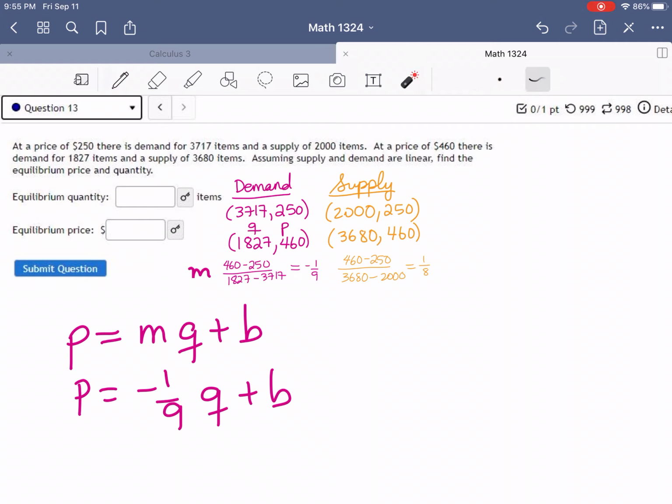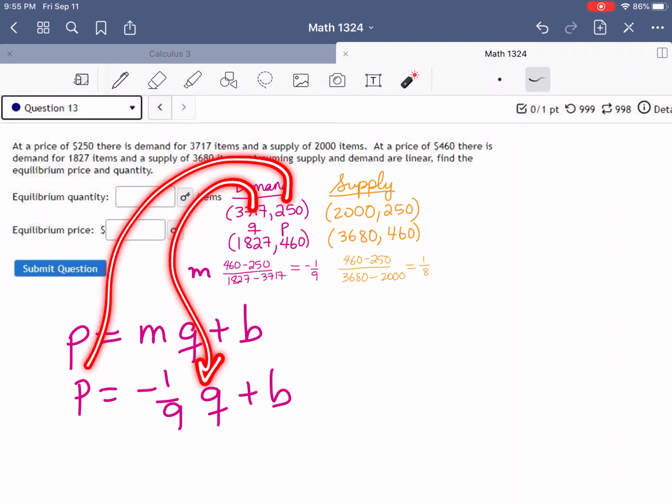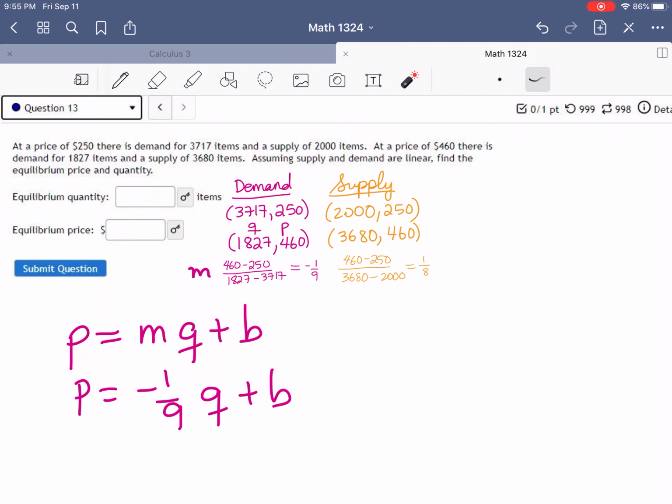Well, we take any one of these 2 points, let's say the first point, and we take the Q value and put it in there for Q, and take the P value and put it in there for P, and then simplify, and you'll have your answer for what B is.